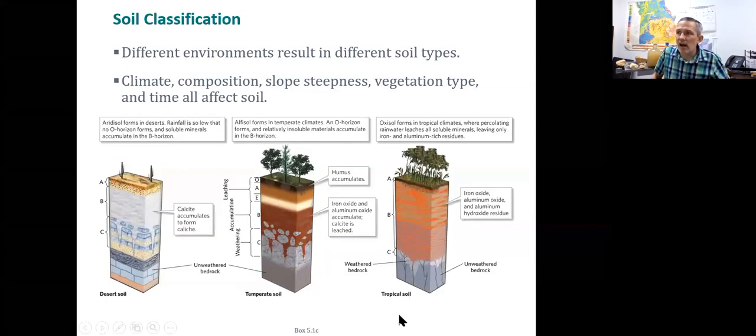As it turns out, these oxisols, this chemical weathering, are actually going to be very, very effective at making soils that are really rich in aluminum. As it turns out, we can actually process this aluminum. This is where our aluminum is coming from.